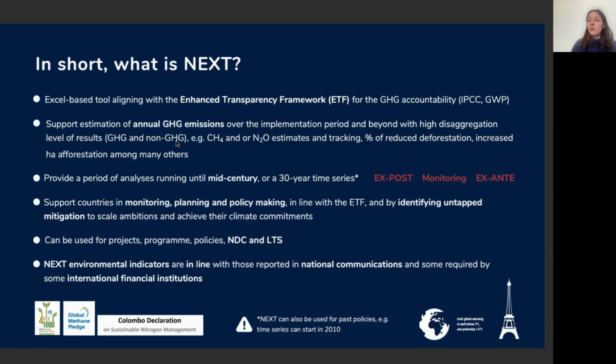In the way we can report, in the information that the tool can provide. We really wanted this tool to be well integrated in the already existing ecosystem of international institutions, national reports that countries must do, and so on.